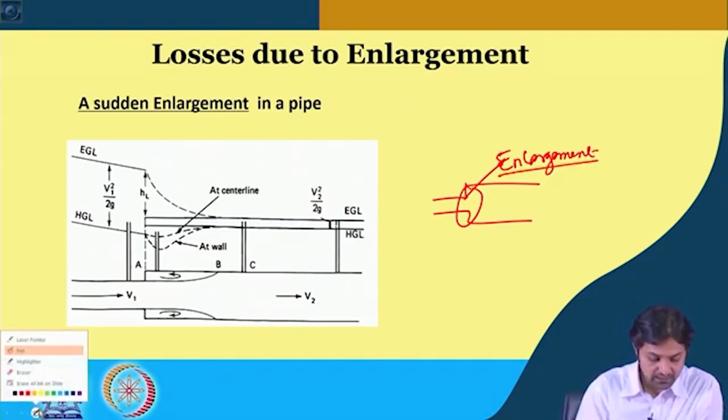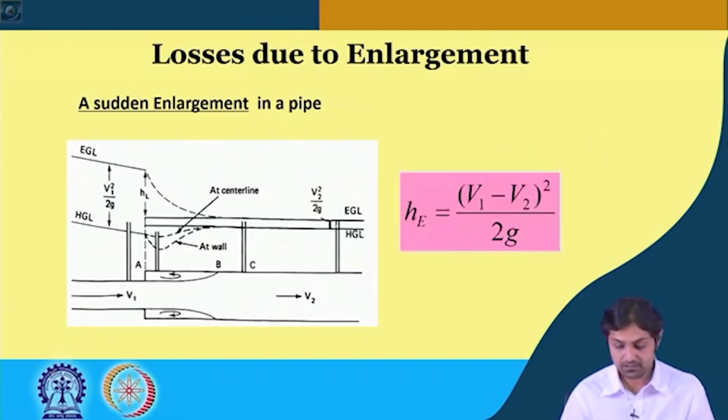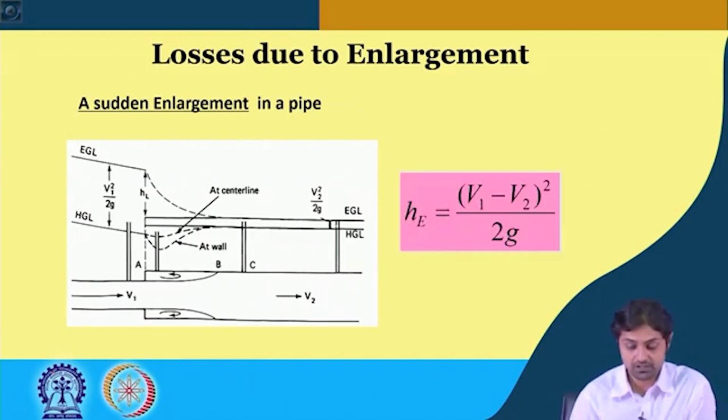In that case the head loss can be simply given as V1 minus V2 whole square by 2g. In a sudden enlargement, it will be given as V1 minus V2 whole square by 2g.